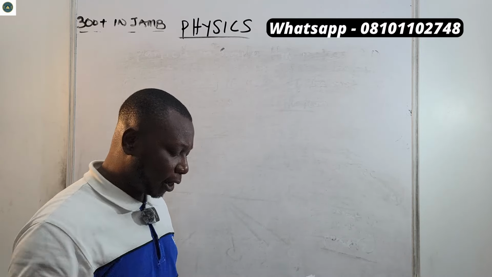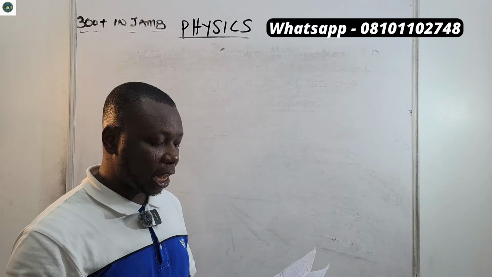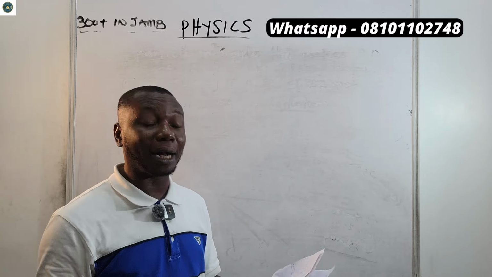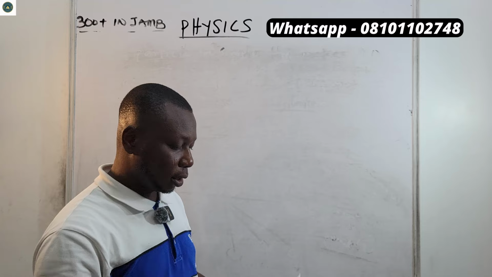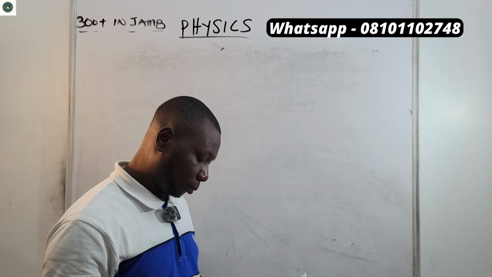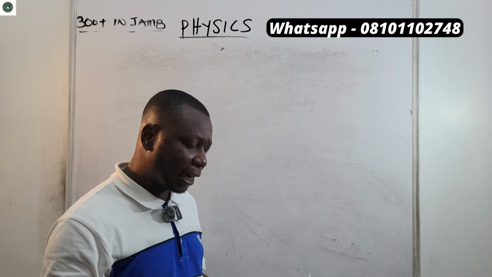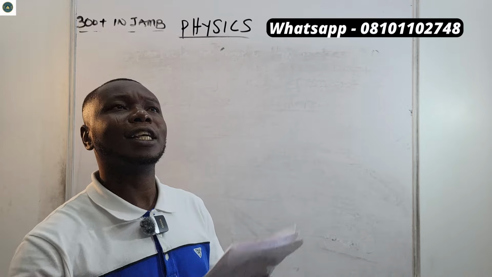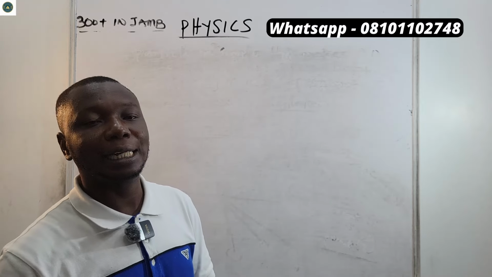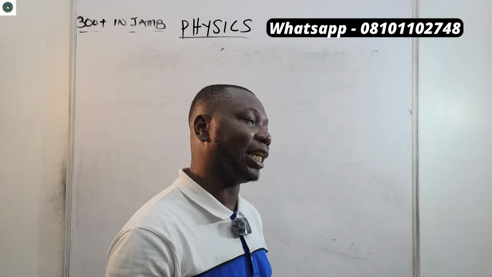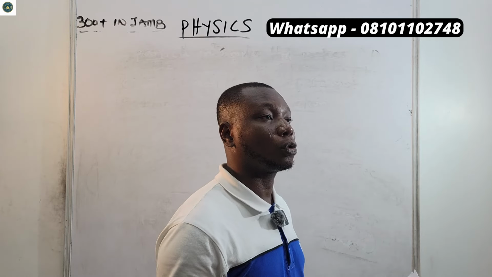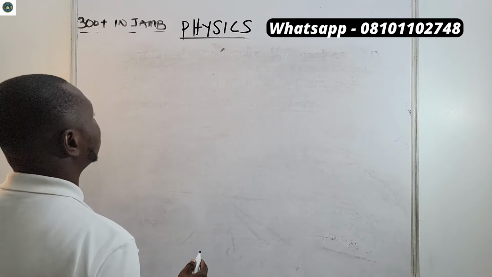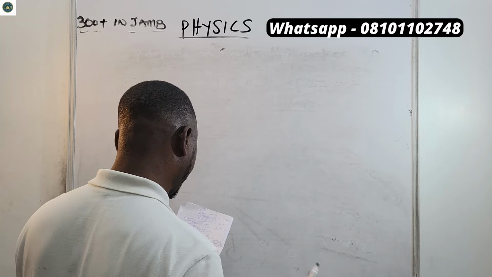Then the restoring force is the force that brings the oscillating object back to the equilibrium position. I've said it before. Now let's also talk about the spring, which has an elastic potential energy. We're made to understand this from Hooke's law, because Hooke's law talks about the force applied to a spring.